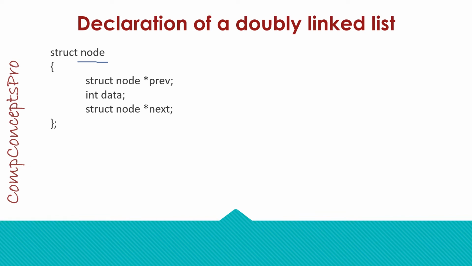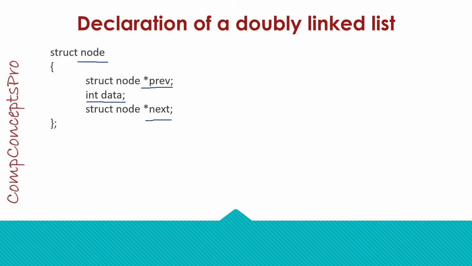One data field of the type of which we want to store the data like int, float, char, etc. Then there are 2 pointer fields denoting the previous and next pointers respectively. So these are these 2 pointer fields, previous and next.